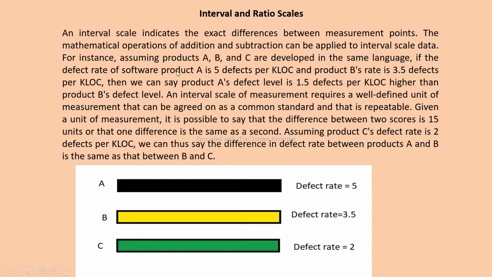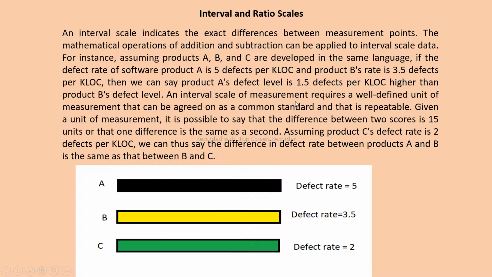If the defect rate of software product A is 5 per KLOC, the defect rate of B is 3.5, and the defect rate of C is 2, you have three different software products and we are measuring the defect rate, that is, how many defects are present per 1000 lines of code.